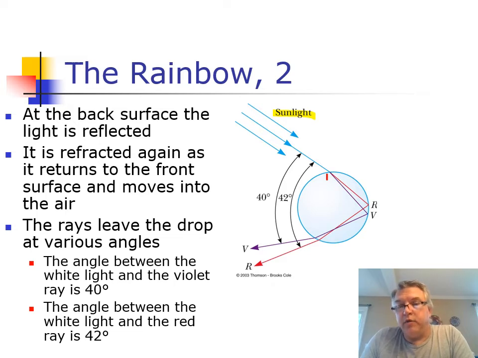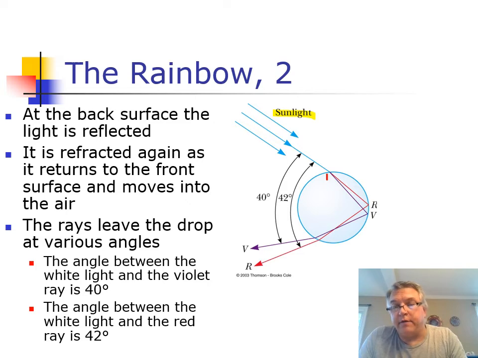When all those wavelengths of light hit the backside of the raindrop, they are going to reflect back into the raindrop. So they're going to enter on the front side of the raindrop. They're going to refract. Then when they hit the back side of the raindrop, they're going to reflect back into the raindrop. And when they get back to the front side, they are going to refract again. And again, the violet wavelengths are going to refract the most, and the red wavelengths are going to refract the least.